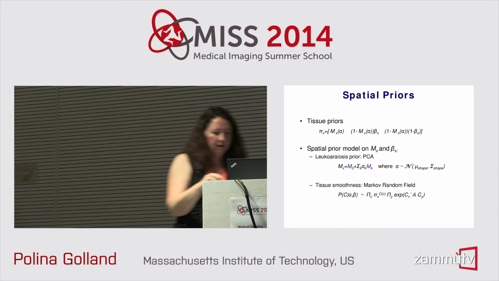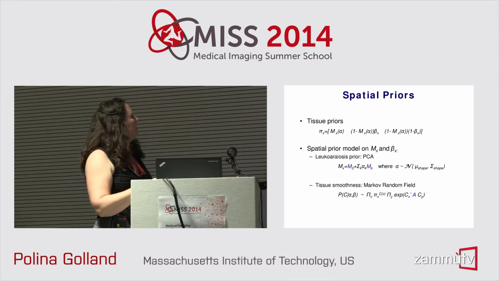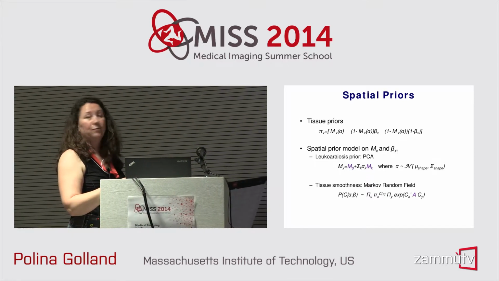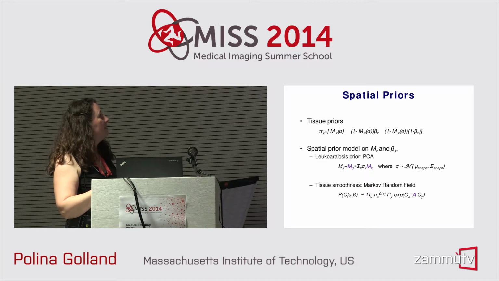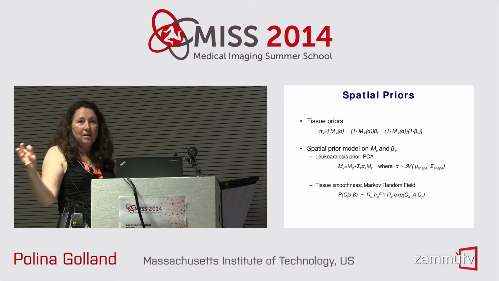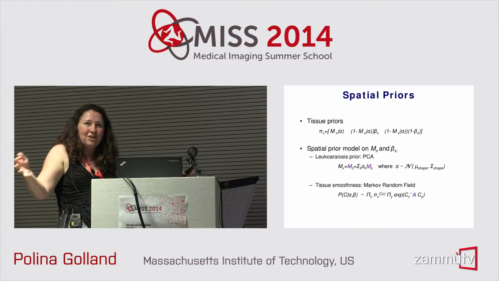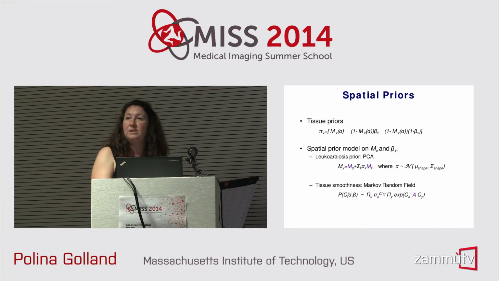So if I go back to my image here, if you went somewhere close to the ventricles, that number would be very high, and as you move away, it would decrease. But what it doesn't capture is that if this pixel is leukoaraiosis, very likely stuff here is also leukoaraiosis. This is why we need PCA.